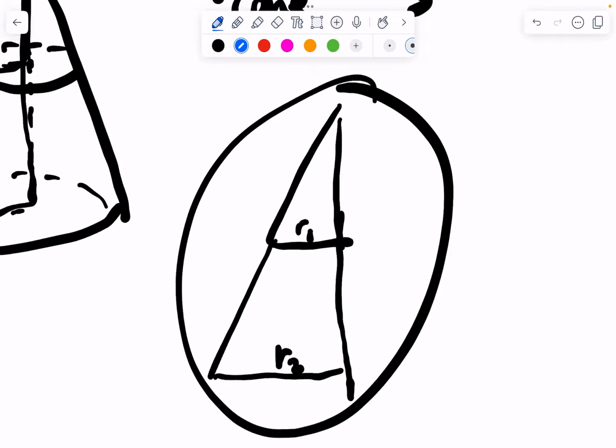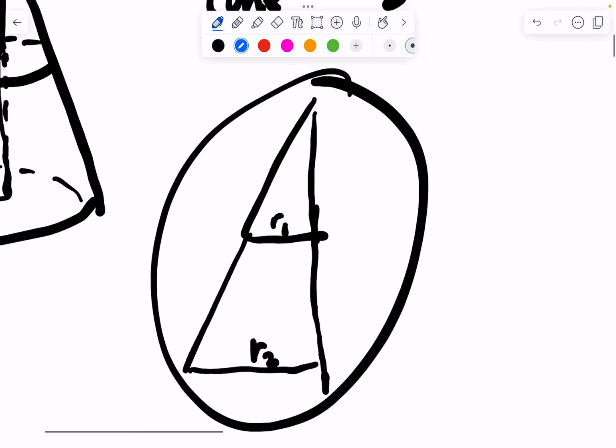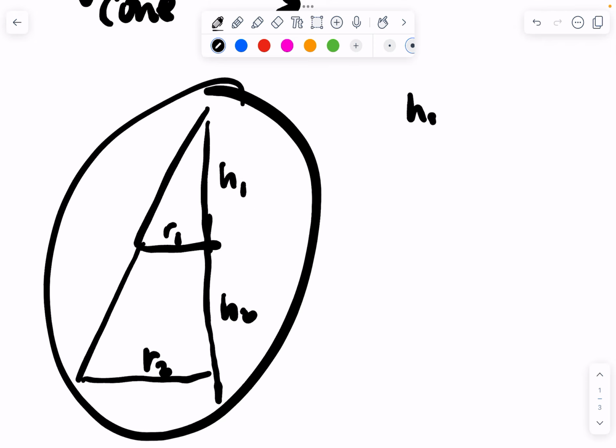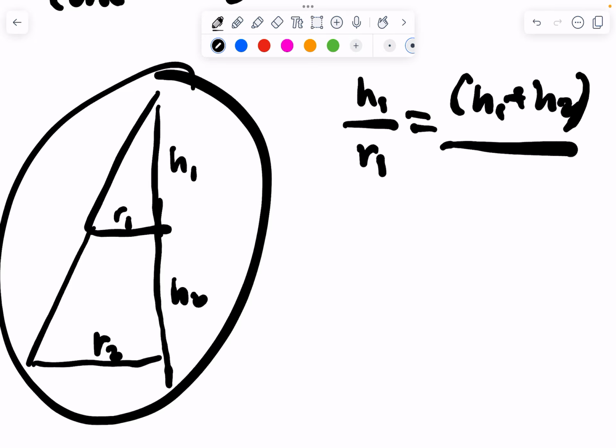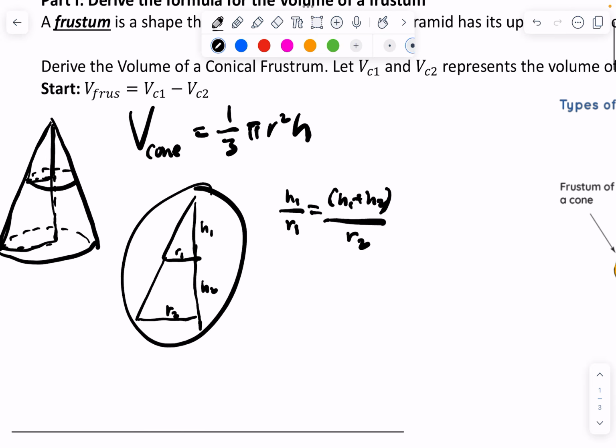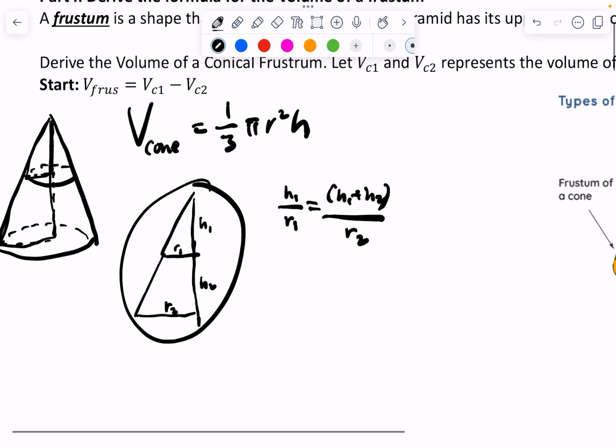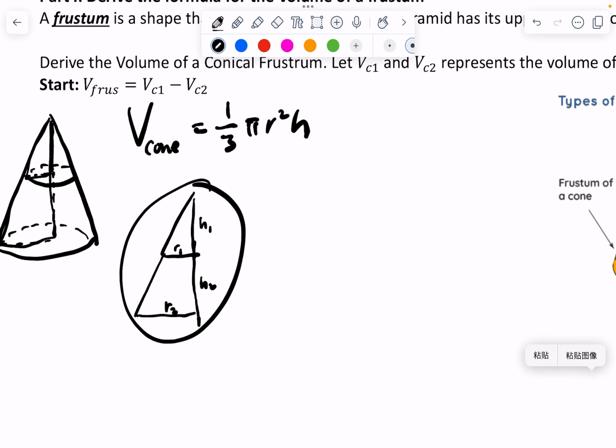What this basically means is that if this is h1 and this is h2, we have that h1 over r1 is equal to h1 plus h2 over r2. This proportion is the same. If you don't really understand why, it's okay. You'll learn it in a future unit, but this is just a heads up on similar triangles.